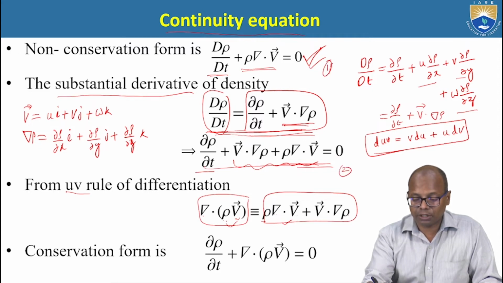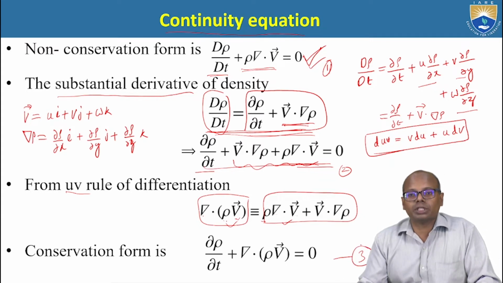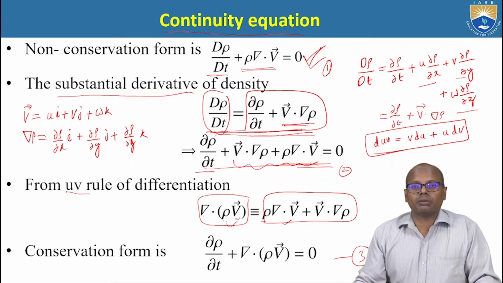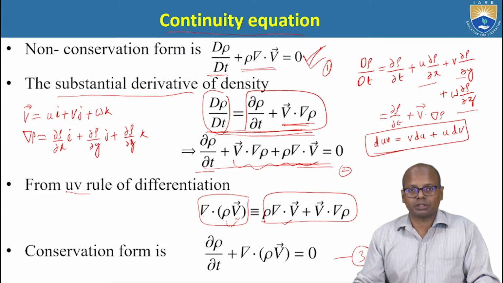So after first modification 1 became 2. Now if I substitute this in the second equation, I will get the third equation, which is our conservation form of continuity equation. Okay. So this is the conservation form of continuity equation.